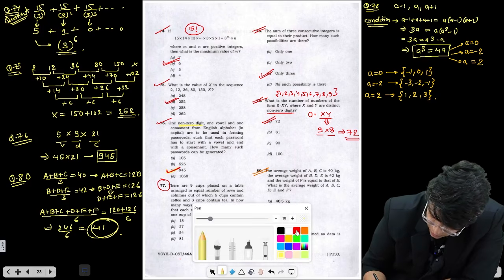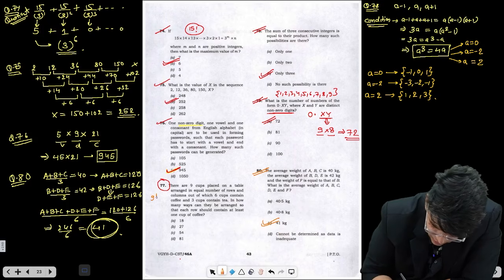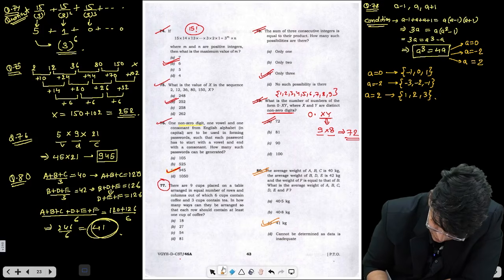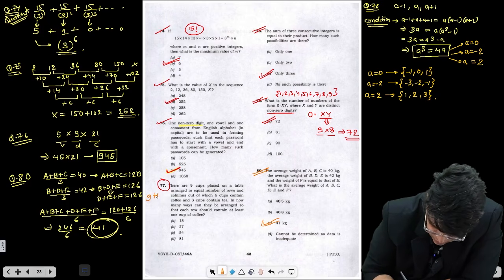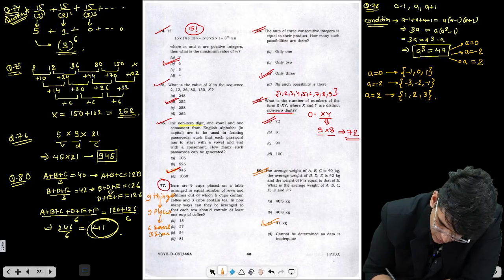Basically, you have to arrange 9 things at 9 places: 6 same, 3 same, 6 coffee same, 3 tea same.